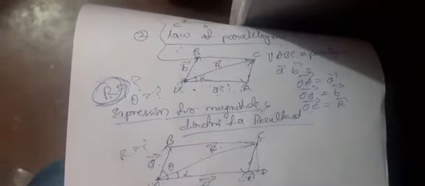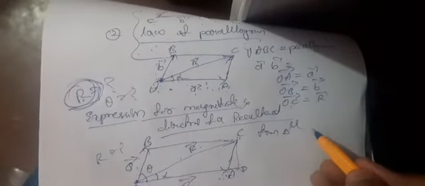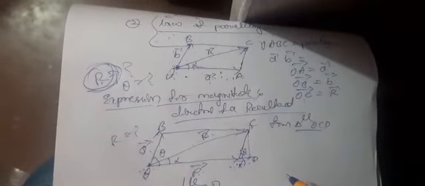See how to find the capital R. From the triangle OCD, theta is the angle. From the triangle OCD, according to the Pythagoras theorem.